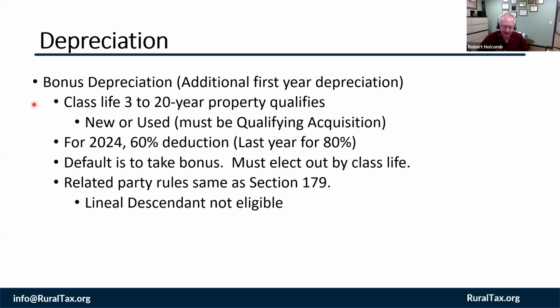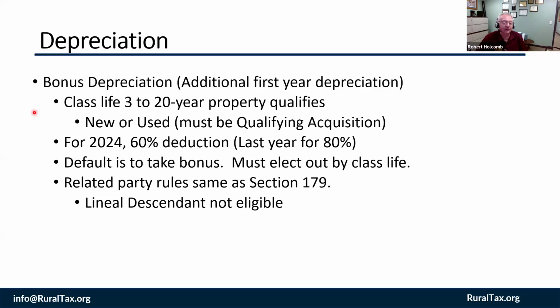When you buy qualifying assets that qualify for bonus, say for instance, if you bought a tractor and a skid steer during the course of the year, all right, those are eligible assets. The tax return is going to assume that you're going to take bonus. All right. In fact, that's the default way the tax return treats it. You have to elect out of bonus in order for it not to happen.